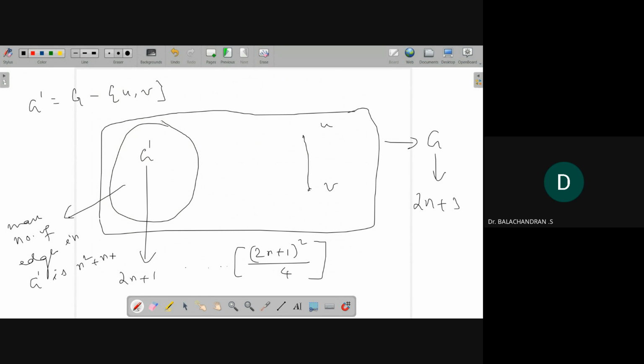This is the first observation. Our aim is to find the maximum number of edges in G. So just now we found the maximum number of edges in G dash is n square plus n.